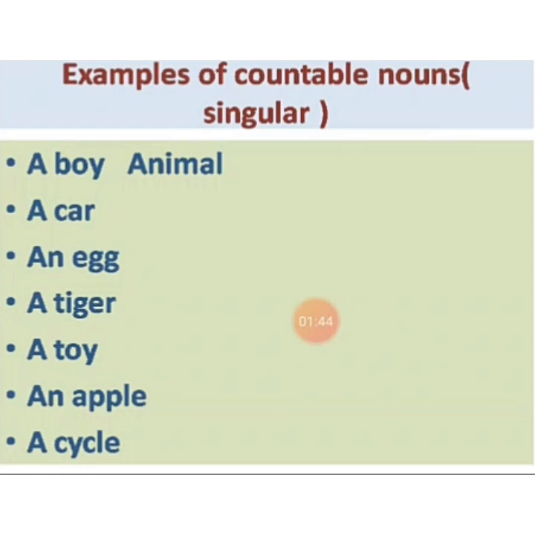As I said earlier, anything that can be counted is called a countable noun. Countable nouns can be seen in singular form, and can also be seen in plural form. A singular form talks about a countable noun that is only one, while a plural form of the countable noun has to do with the countable noun that talks about more than one thing.